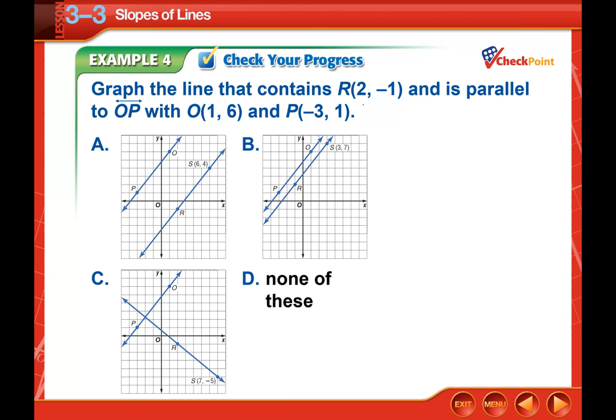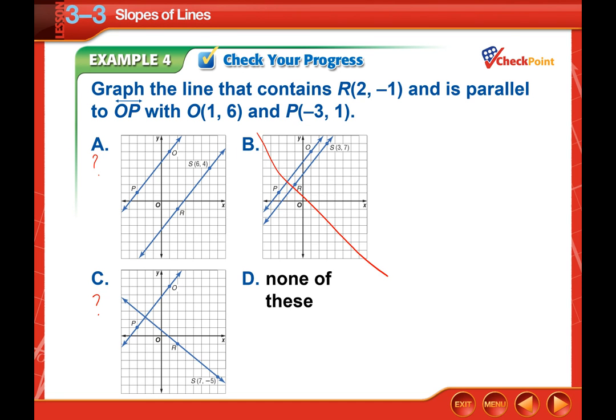So if I look to see which contains an R at (2, -1), okay, I can see already that this is at (2, -1), this is at (2, -1), but D is not. Okay, R is in the wrong location. Okay, but this one is a possibility and this one's a possibility because of their location for R.